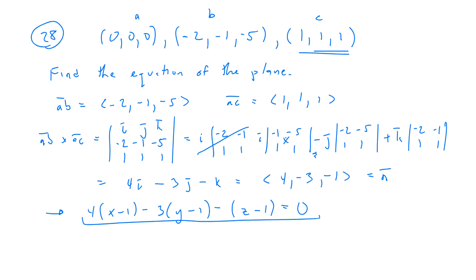Second part, which I'm not going to have room to write, so I'll just say it, is they ask you to get the area of the triangle that these 3 points form. That uses the other part, which is we know that the area of the parallelogram is equal to the length of the cross product.